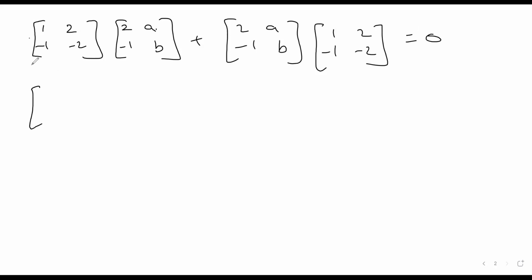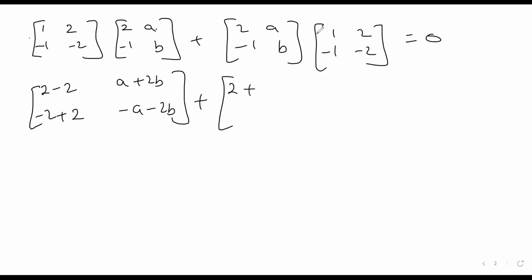We have to find the values of small a and small b. It will be 2 minus 2, then it is a plus 2b, minus 2 plus 2 minus a minus 2b.